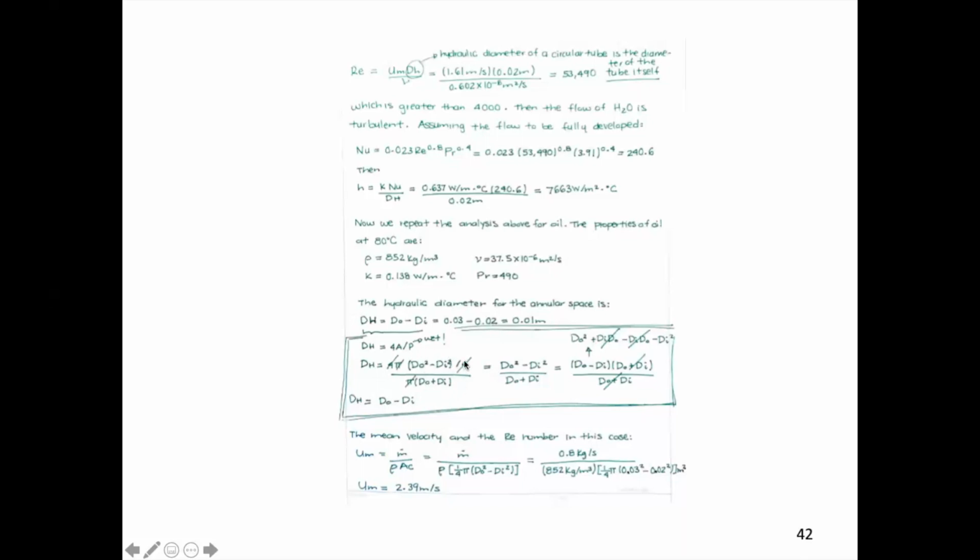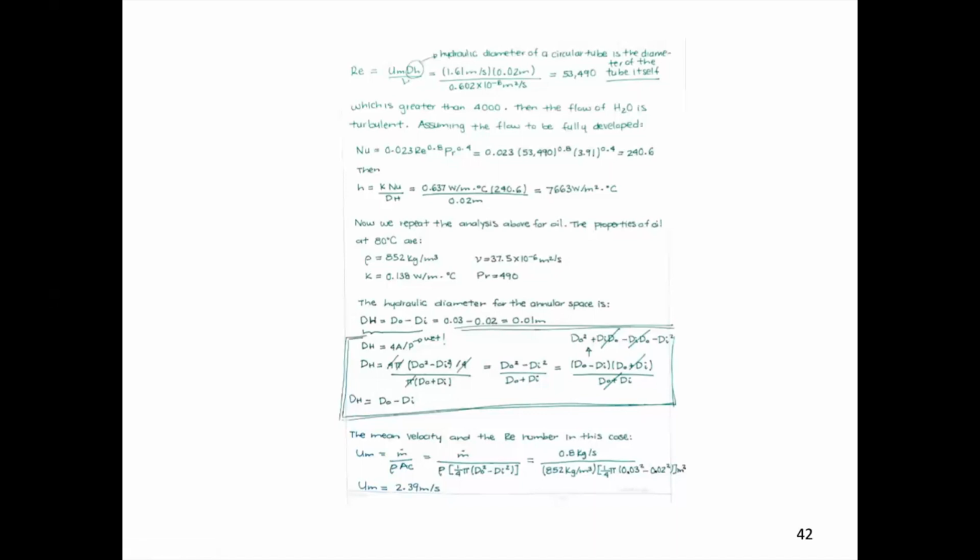We have here a difference of squares that we can factor, and that allows me to cancel this in the denominator. And finally, I have that the hydraulic diameter is d out minus d in, right? So I just put that so you can check it. But essentially, if you have an annular space in a double pipe, you can just take directly this equation, and that's the explanation.